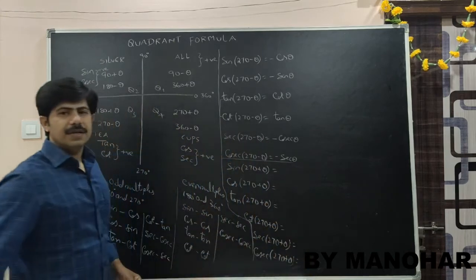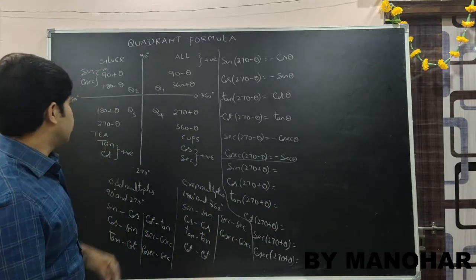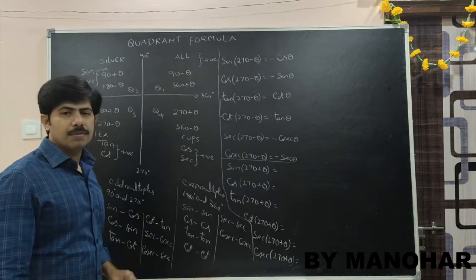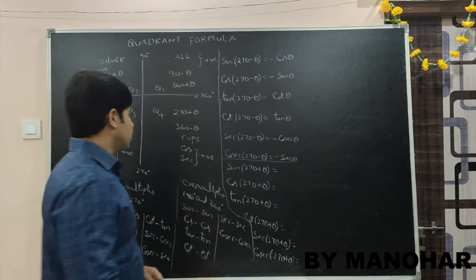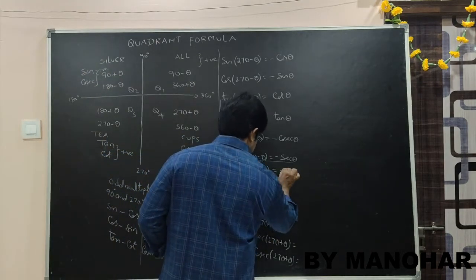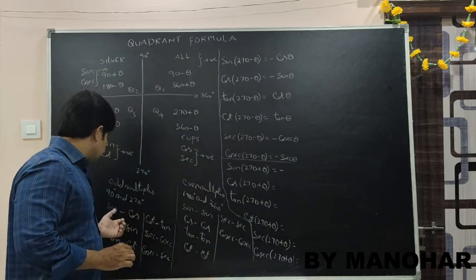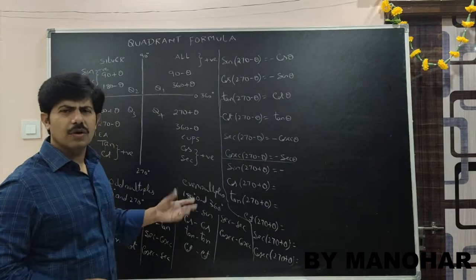So 270 plus theta lies in which quadrant? It is in the fourth quadrant. In the fourth quadrant, cos and secant are positive, remaining are negative. Cos and secant are positive, that means sine is negative. As it is an odd multiple, 270, sine changes to cos and cos changes to sine.